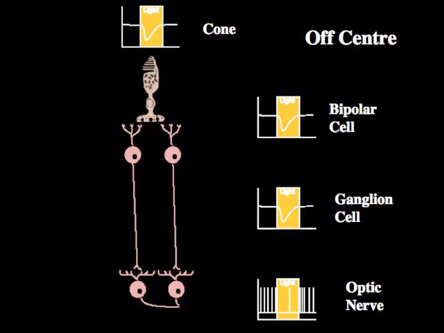Let's look at the other bipolar cell, this time an off-center bipolar cell. This time, hyperpolarization of the cone causes hyperpolarization of the bipolar cell, causes hyperpolarization of the ganglion cell, causes a decrease in the rate of action potential generation in the optic nerve.